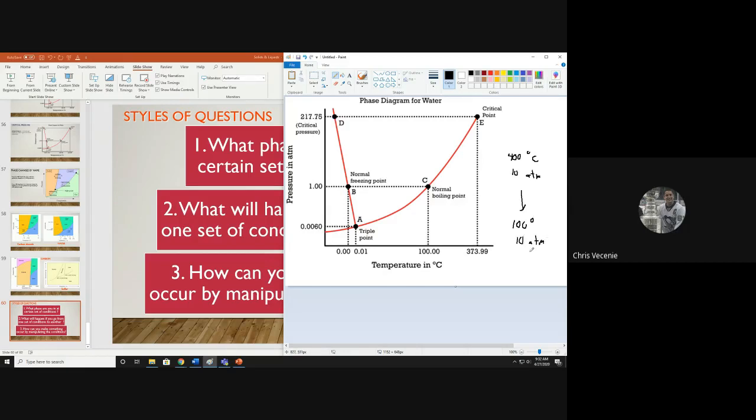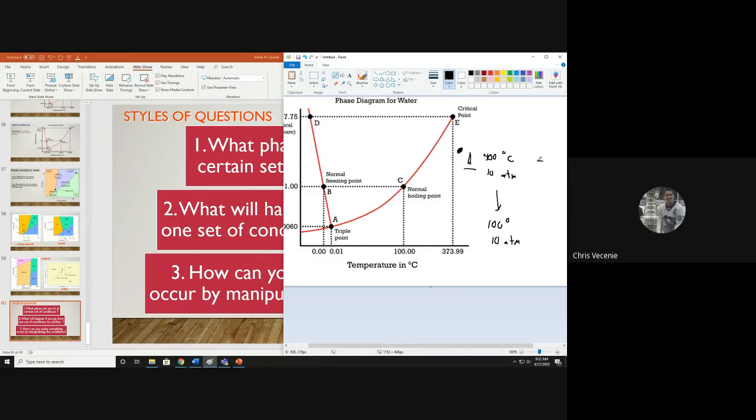All right, I give you two sets of conditions. So for set of conditions A, you would say, okay, 400, 10 atmospheres, trace up. I'm right here. At those conditions, I'm a gas.